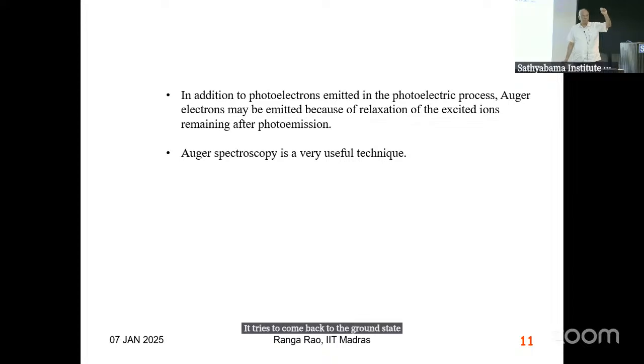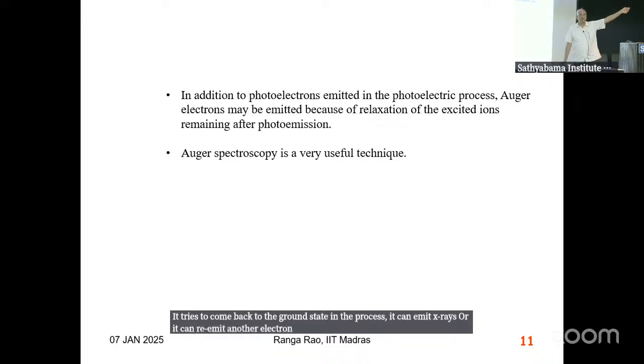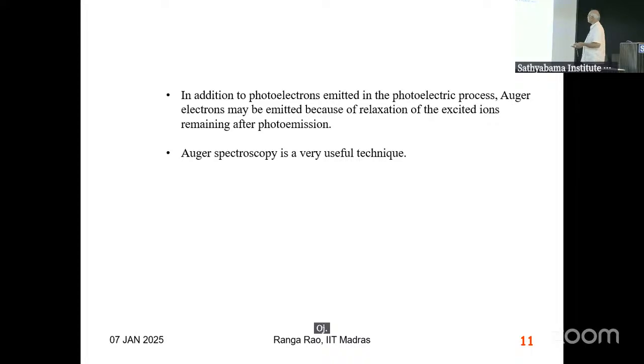In the process, it can emit X-rays, or it can emit another electron which is called an Auger electron. Okay. So that is another spectroscopy. If you analyze that second electron, the Auger electron, that will give you Auger spectroscopy. I'll just come back to you on this.